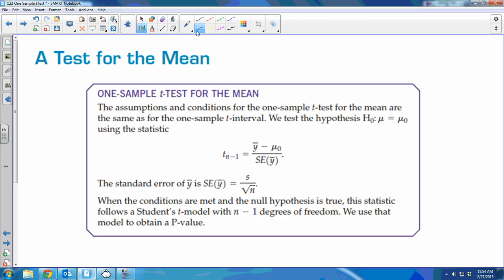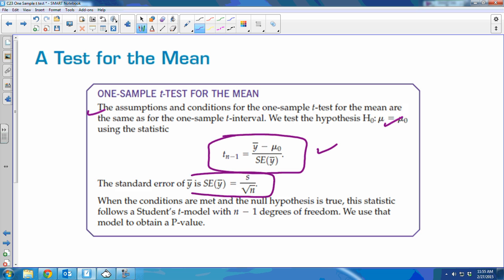The assumptions and conditions for the one sample t-test for the mean are the same as the one sample t-interval. We test the hypothesis, H naught: mu equals mu naught, whatever it tells us in the problem. We have our t statistic, x bar, y bar, whichever you use, minus the parameter from the null hypothesis divided by the standard error.